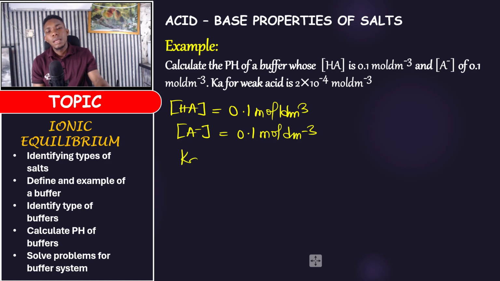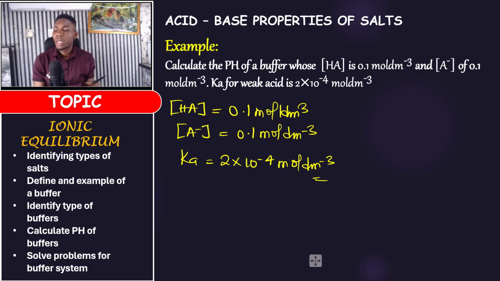The Ka was given as 2 times 10 raised to the power of minus 4 mole per dm cube. Now there are different ways you can calculate this. First of all, you may decide to calculate the H plus ion and then find the negative logarithm of the H plus ion, or just go straight and calculate.